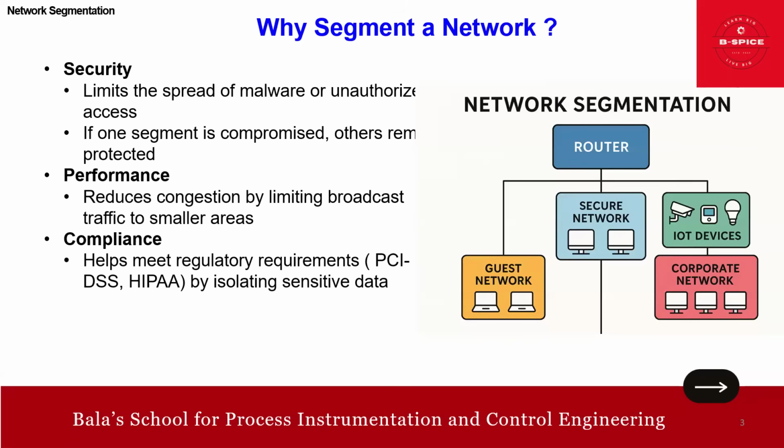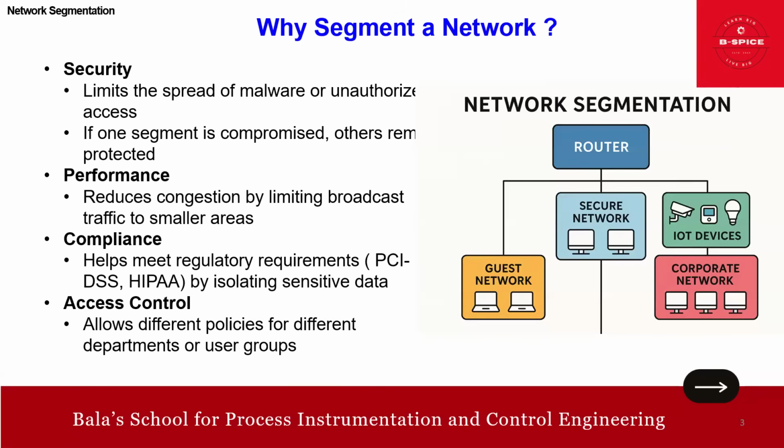It governs the protection of electronic protected health information. These are the two standards which talk about compliance. And then access control: it allows different policies for different departments or user groups. So that is why segmentation is needed for a network.